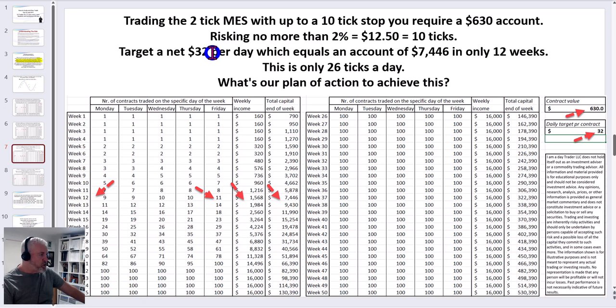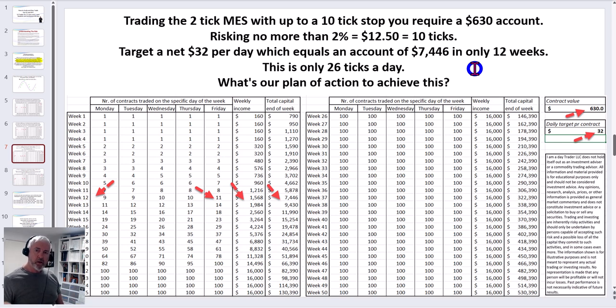Now what your stop loss comes down to is once again where you place your stop, which I'll show you in a moment. But if you're going to trade, you really need around the 6,300. Now I know what you're thinking, well hang on, my broker says I only need 1,000. Yes, that's true, but what if you have a 10-tick stop loss on a big contract? That's $125. There's 12.5% of your capital gone.